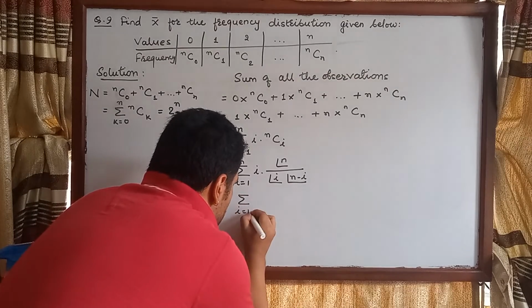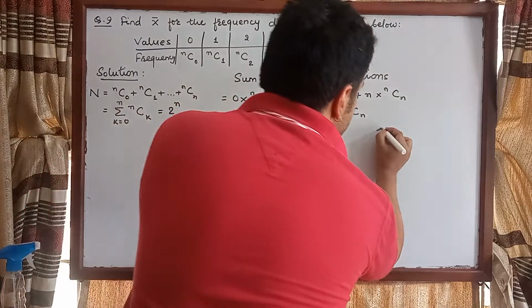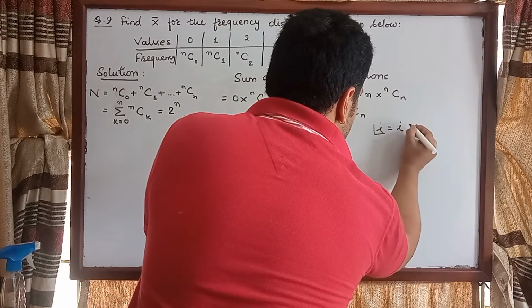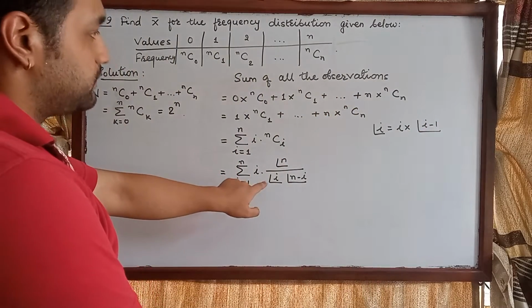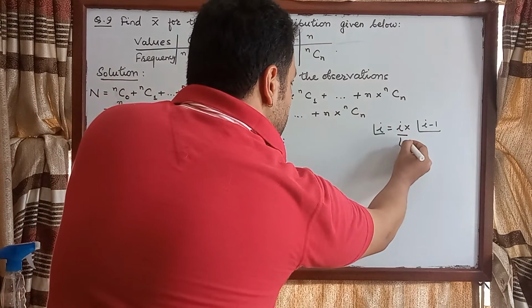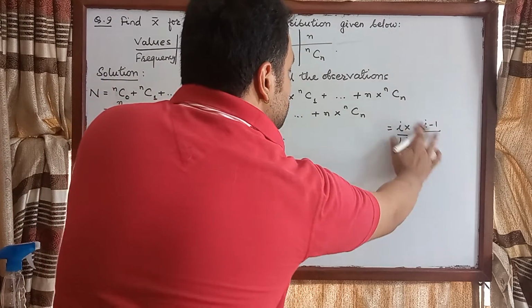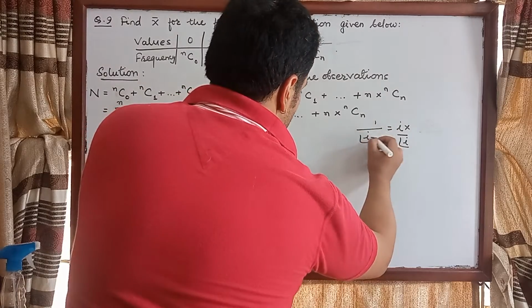Now, since i factorial equals i times (i minus 1) factorial, we get that i divided by i factorial will be equal to 1 over (i minus 1) factorial.